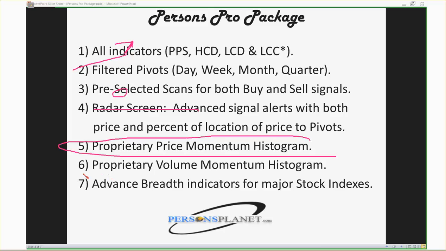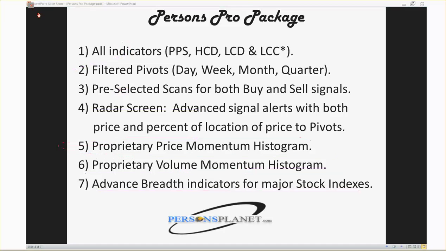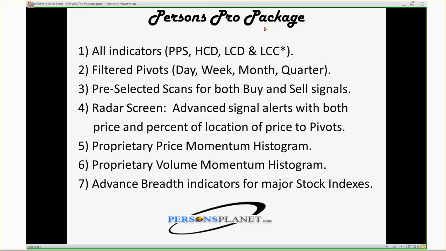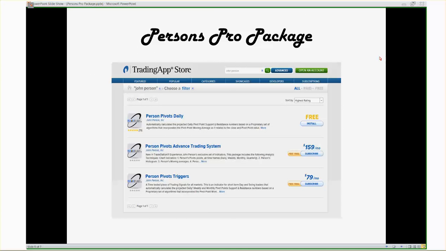This is the proprietary momentum histogram, the volume indicator that we put out, our advanced breadth indicator for major indices. This is why we call it the Person's Pro package, because for someone who's a very active professional trader, this really gives you hands-on information of where every sector and stock is in their location to their respected support and resistance targets and whatever that time frame.